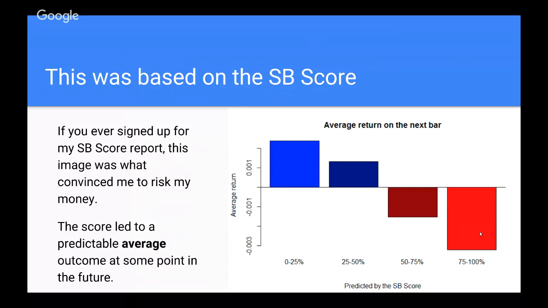I don't want you to get caught up on the mechanics of what the SB score is, because everything that we're doing on the Quantilator today is learning how to generate images like this based on indicators that you care about, so that we don't just have to talk about the SB score. We can talk about MACD, RSI, CCI, and we're specifically going to talk about CCI today. I'm going to give you free access to the Quantilator, and we'll go through analyzing that tool together.